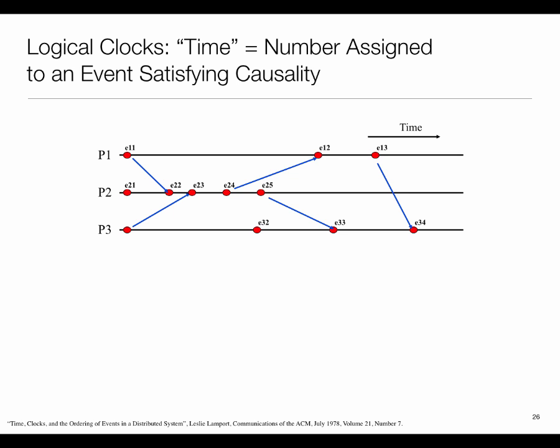Now imagine that P1, P2, P3 had their clocks and timers internally, and they were timestamping their events according to their local clocks. Then whatever time values E24 and E12 were assigned, if I were to map them into a common time base, a system-wide clock, then E12's timestamp must be higher than E24's timestamp.